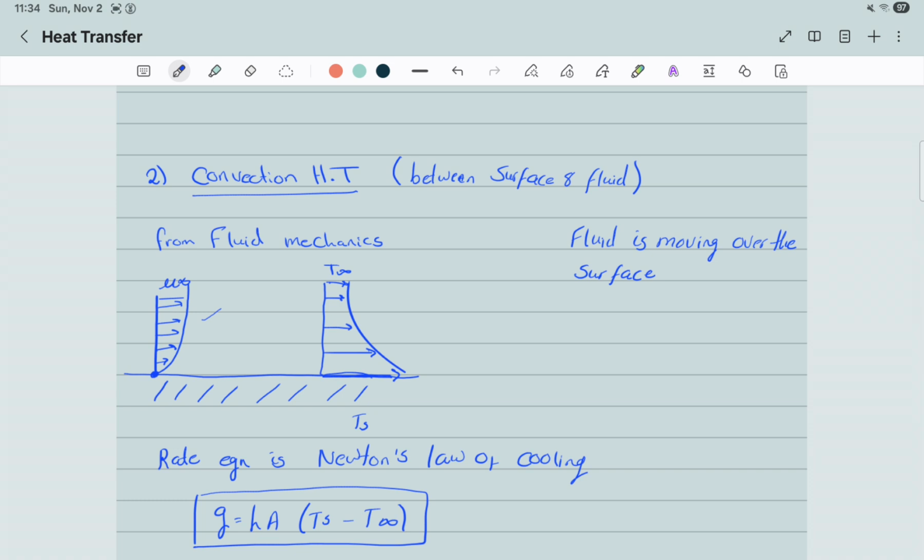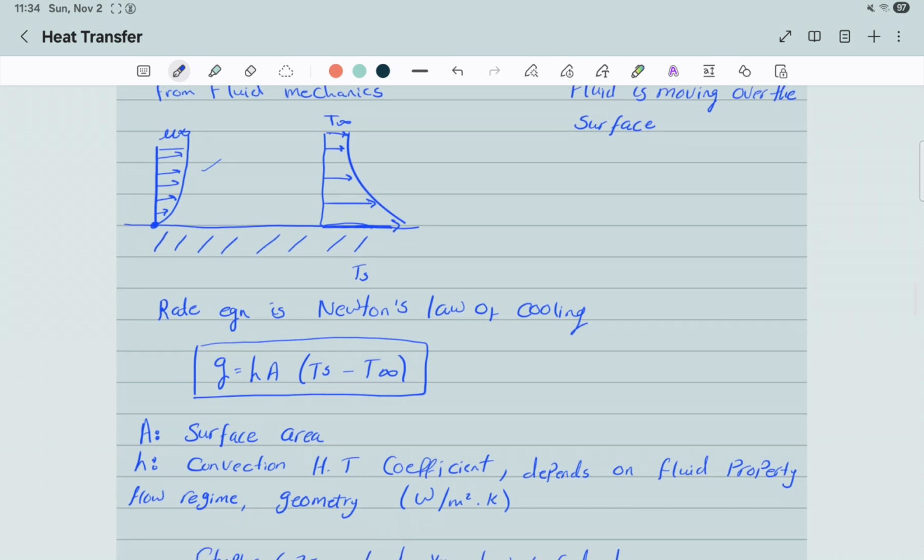For example, if we have a heated steel plate, at the surface is where it reaches its maximum temperature. But as you move your hand away from that surface, you'll notice that the temperature is decreasing and decreasing until you reach a point where the temperature is the same as your surroundings.